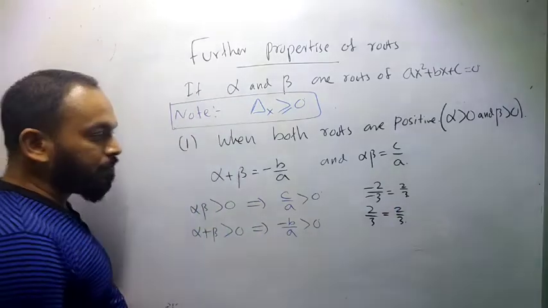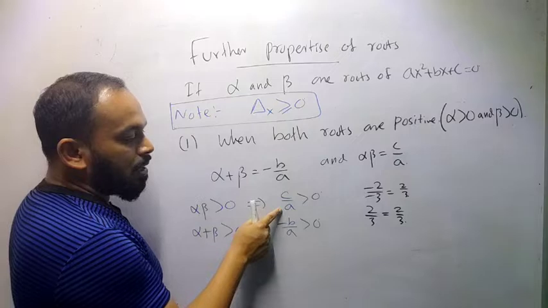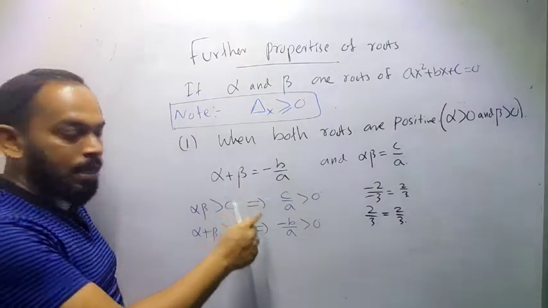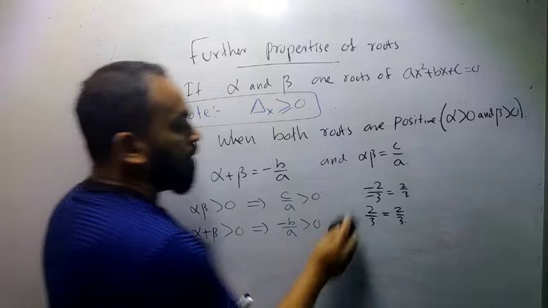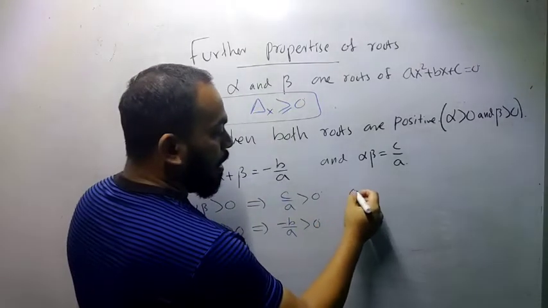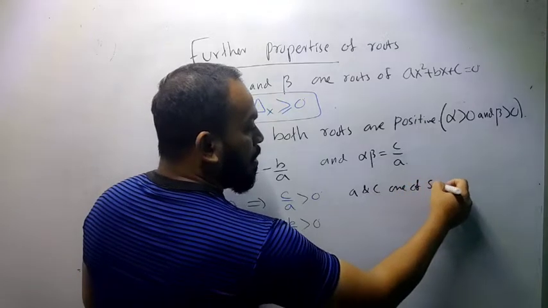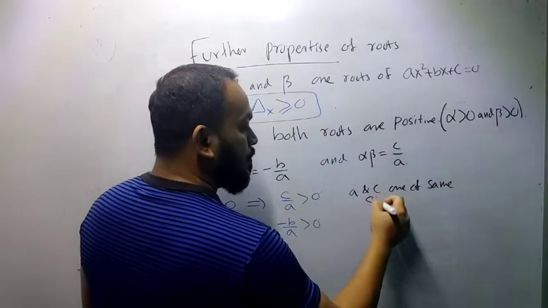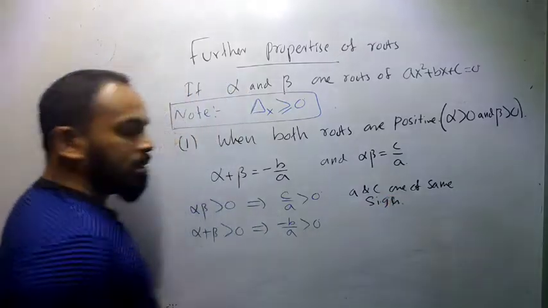You can see, if the sign of both of these numbers is the same, then it would be positive. So we can argue here that A and C are of the same sign. It has to be the same sign.